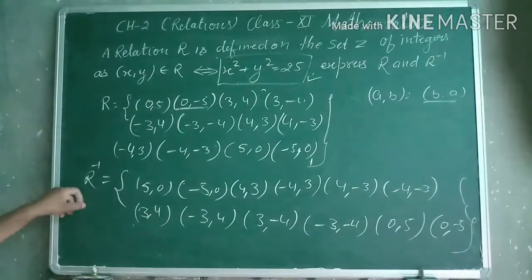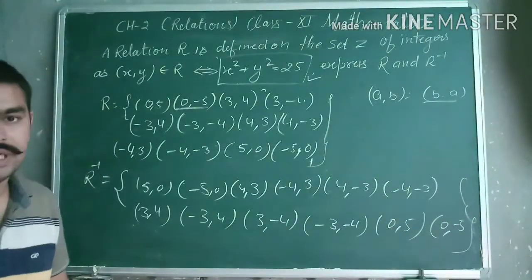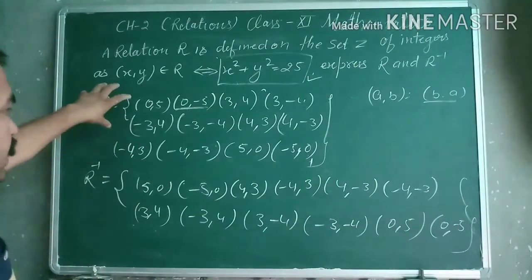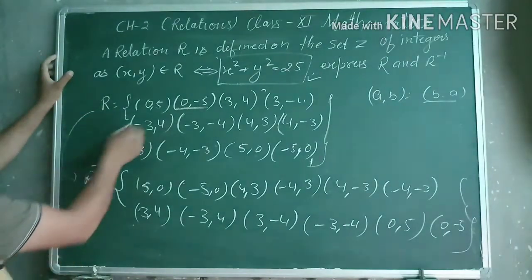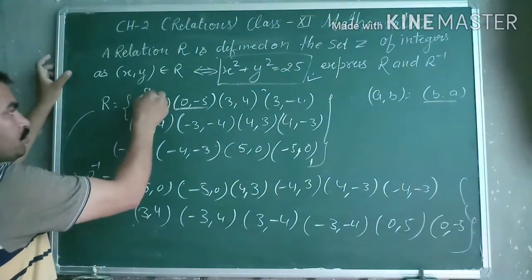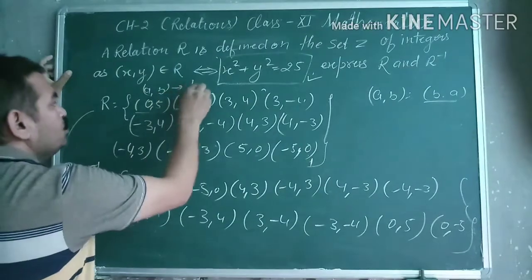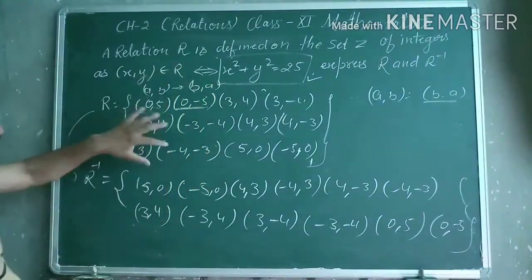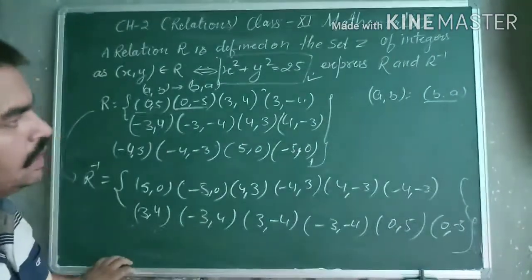This is known as the relation R inverse. I hope you understood this. How is the relation R inverse found? Whatever relation is there, with ordered pairs (A, B), convert them into (B, A), and we get the R inverse.